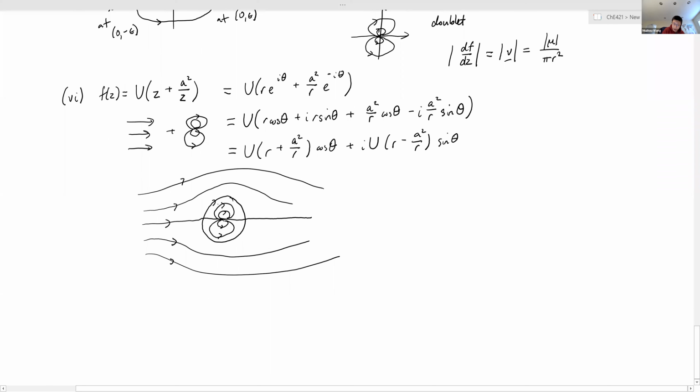And it turns out that the shape of this boundary right here is exactly circular. And so if we ignore the flow inside the cylinder, then this is what you would get.